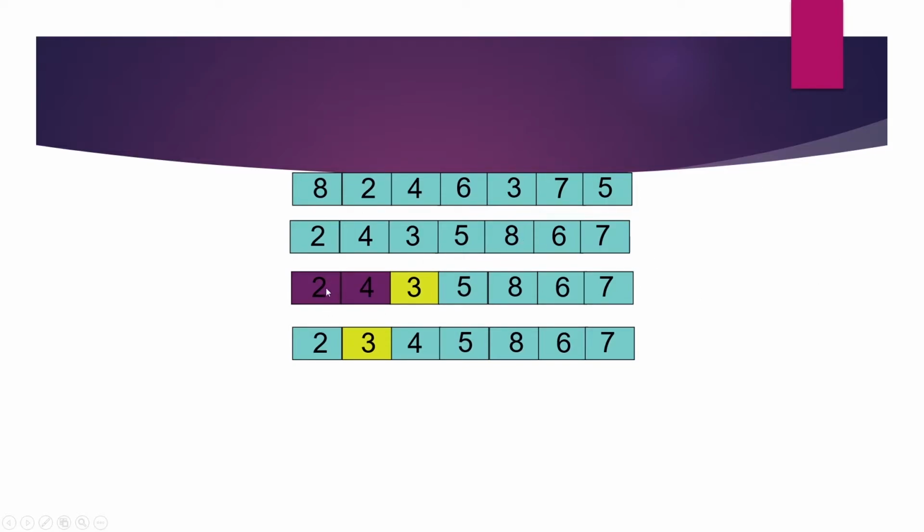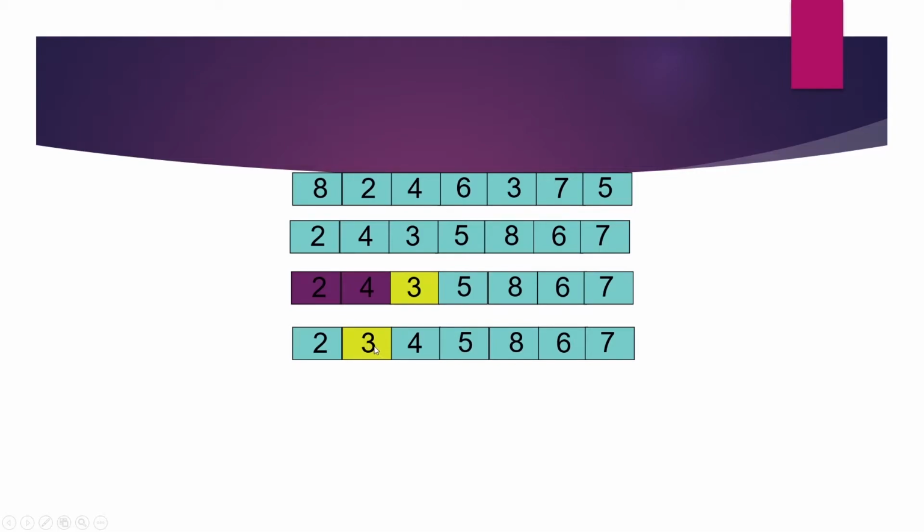As you can see, 2 is smaller than 3, so 2 will be placed at its left, and 4 is larger than 3, so 4 will be placed at its right. And now 3 is already at its right place.